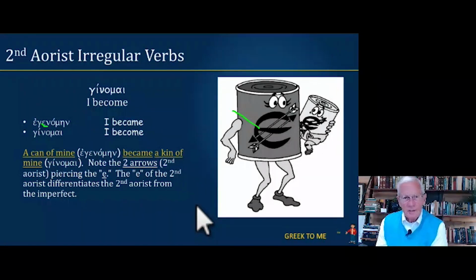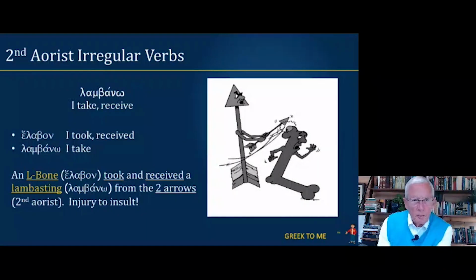That epsilon differentiates the second aorist from the imperfect.